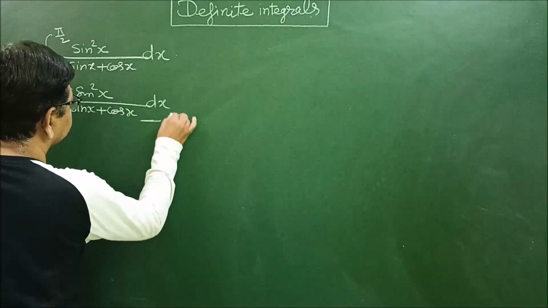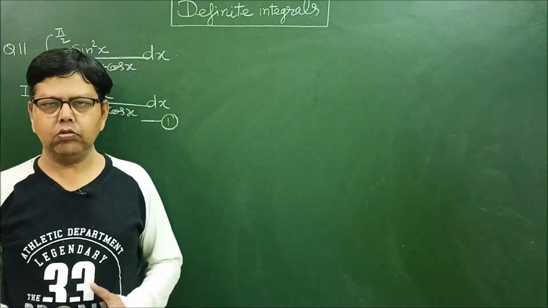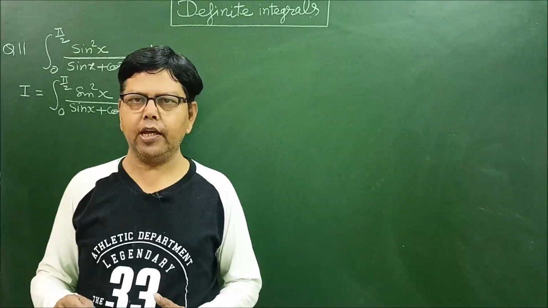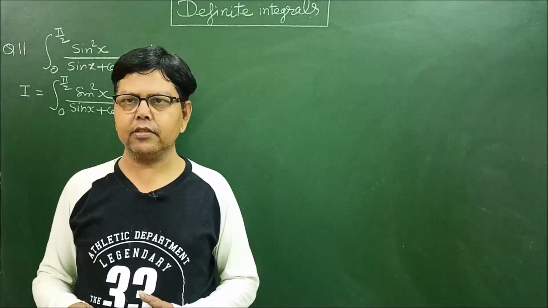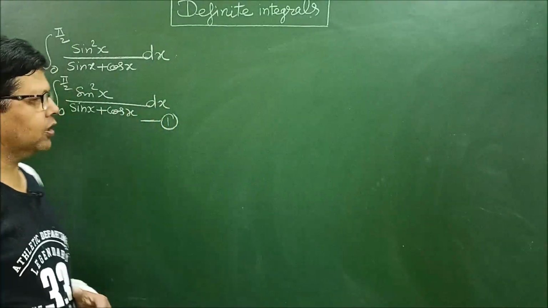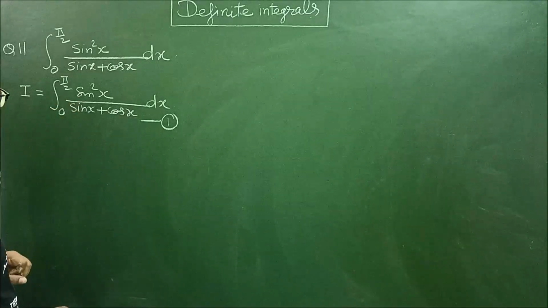This is first. Now, as you all know, the integral from 0 to a of f(x) dx is equal to the integral from 0 to a of f(a minus x) dx. By using that property we can make the numerators simple.